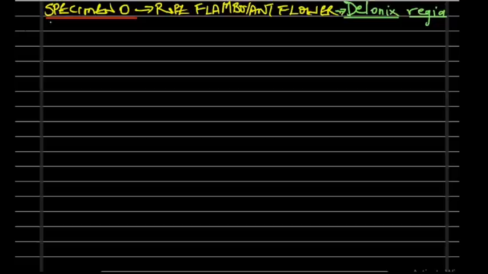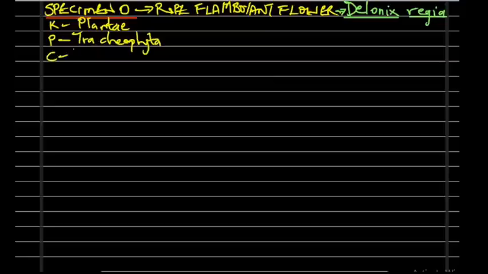Flamboyant flower classification: kingdom, it is Plantae, and then the phylum, it belongs to the Tracheophyta. We have the class to be Angiospermae, and then the order, we have it to be the Fabales.